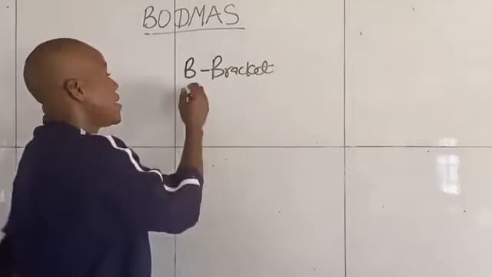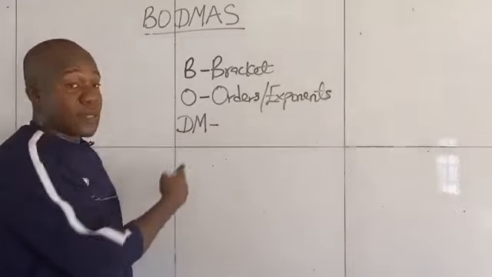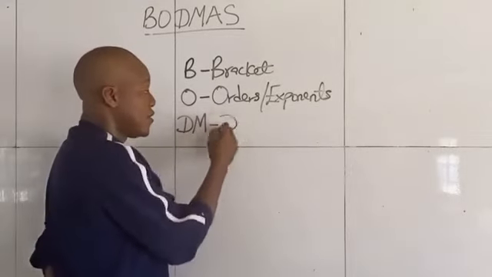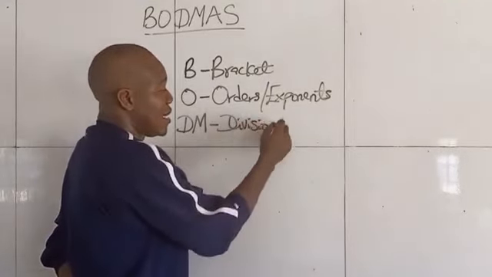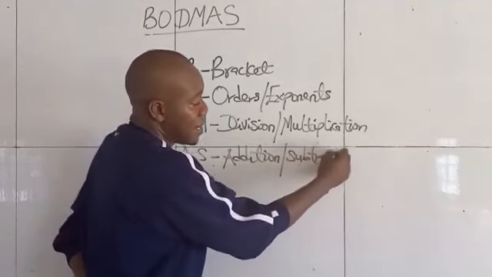The next acronym is D, M. Notice something, I'm going to explain this. Of course, D stands for division, and M, we know, stands for multiplication. And finally, we have AS. Notice something again on the same line. A stands for addition, and S stands for subtraction.